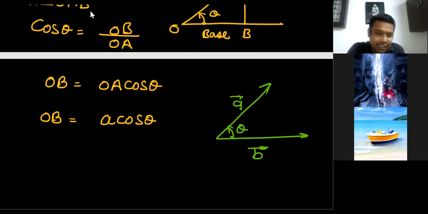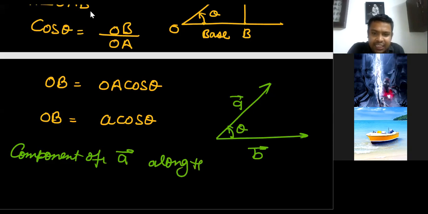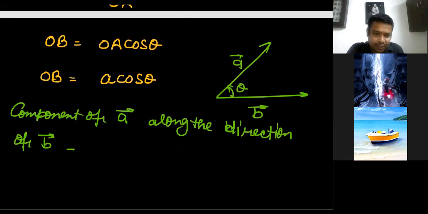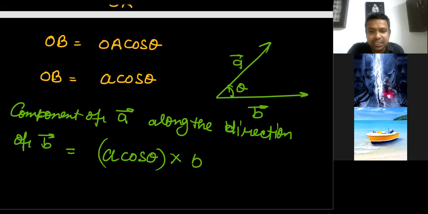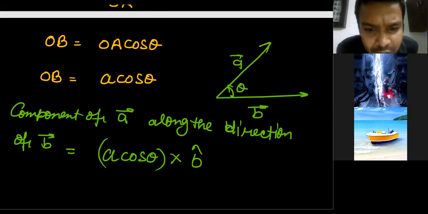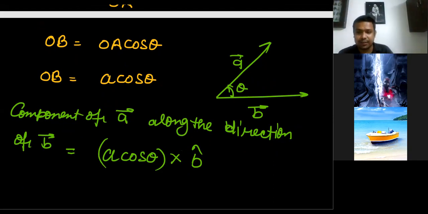So the component of vector A along the direction of vector B is A cos theta; this is the magnitude and the direction is B cap. B cap represents the direction along the B vector. So we can say that the value of A along the B vector is A cos theta.